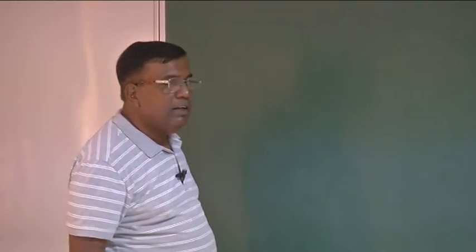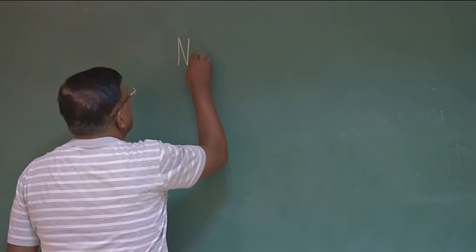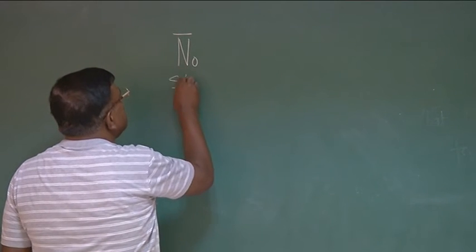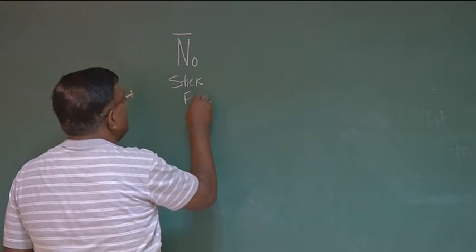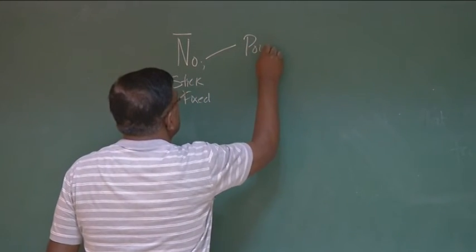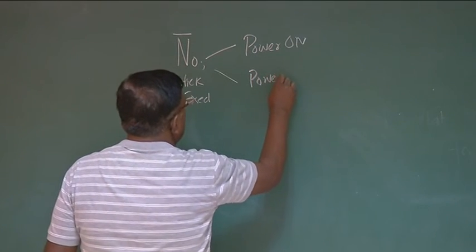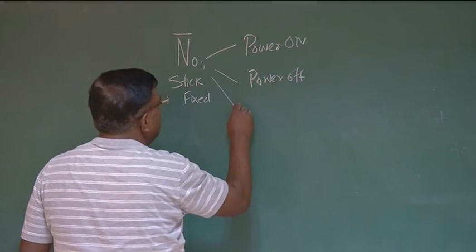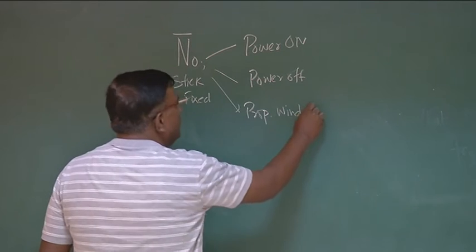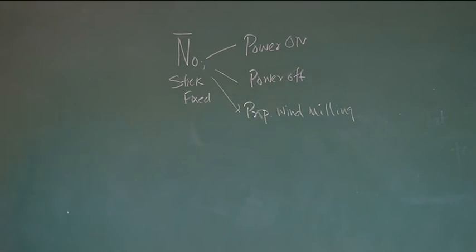Okay? Then there were questions about this N naught stick fixed, whether I should take power on, power off, or propeller windmilling. These questions were there, right?